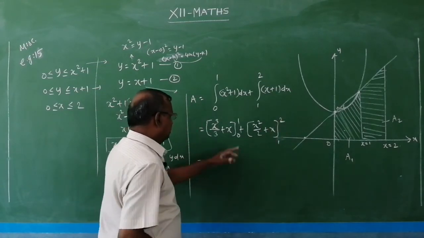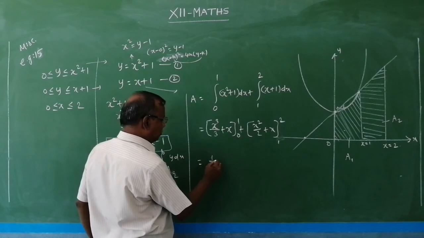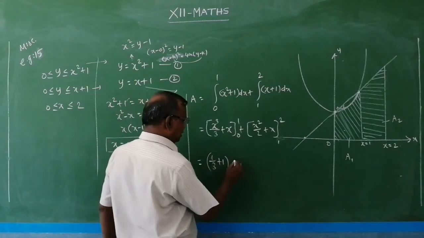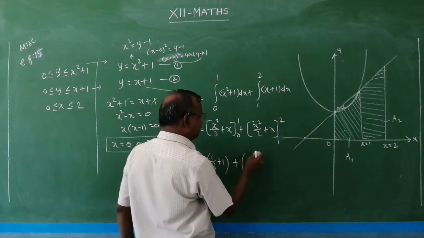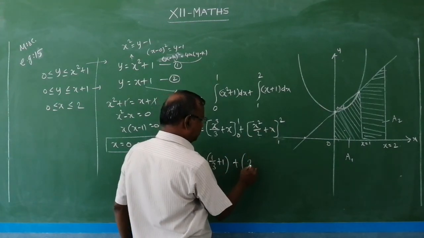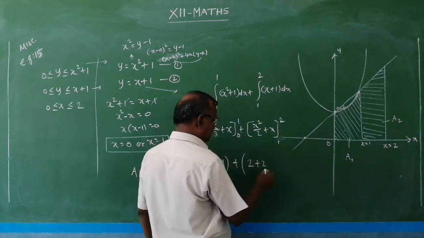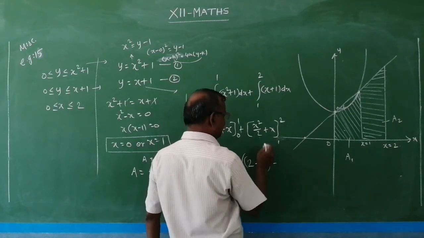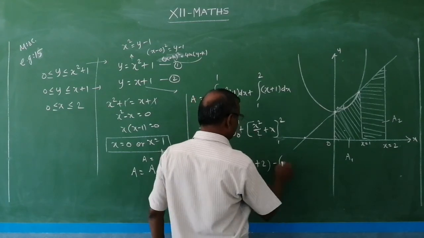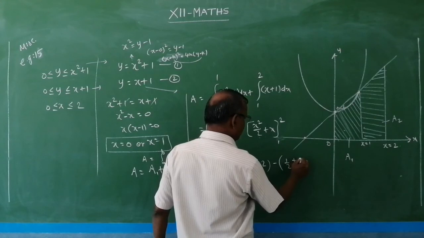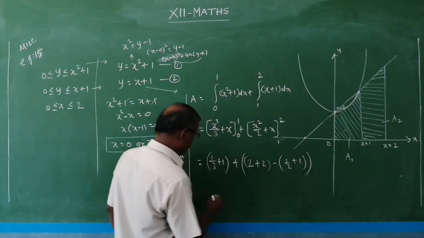The upper limit gives 1/3 + 1, the lower limit is 0, and for the second, the upper limit is 2²/2 = 2, plus 2, minus the lower limit, 1/2 + 1.